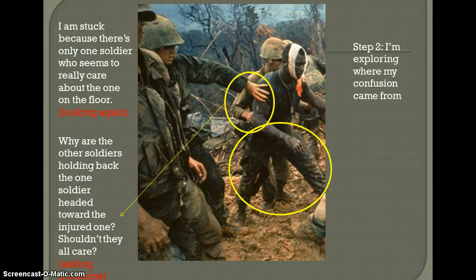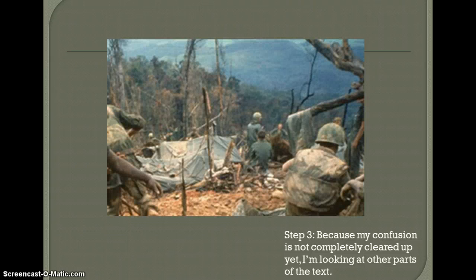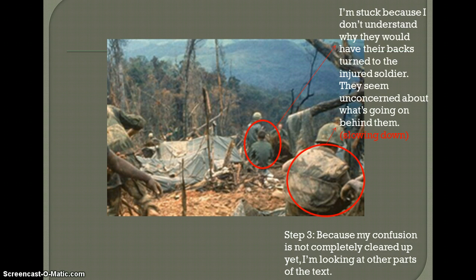Because I'm still confused, I now need to look at other parts of the text. So I'm forcing myself to make some connections between the different parts. And so I'm going to look at the part of the text that I haven't really fully explored. And here, I'm realizing I didn't even actually pay attention to this part of the text when I initially looked at it. The first thing I notice is the soldiers with their backs turned.